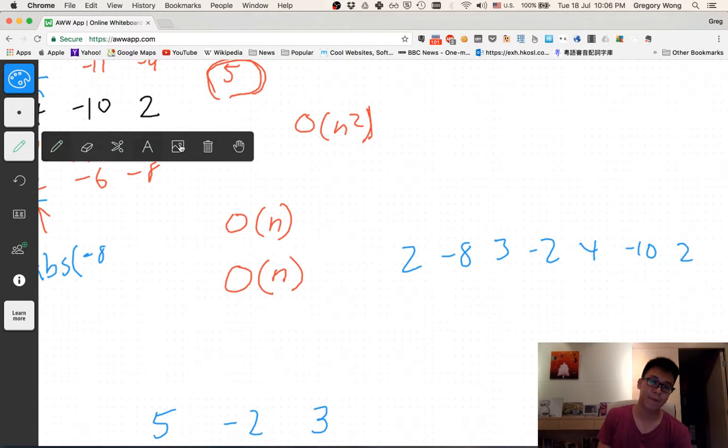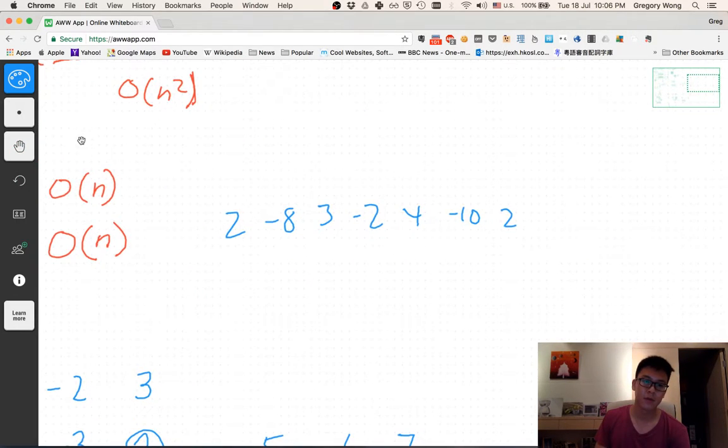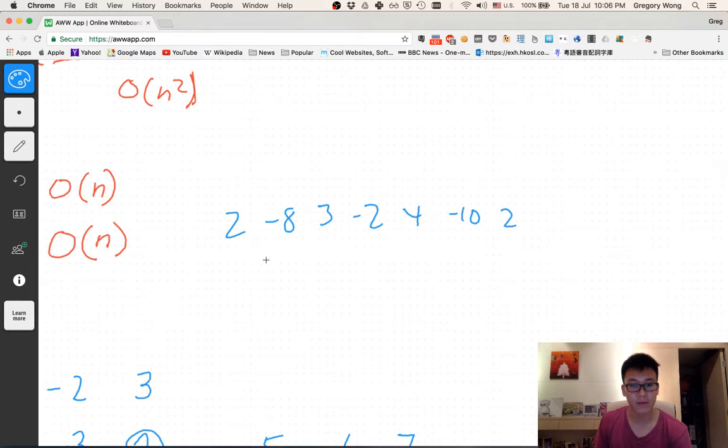Okay, so I would look at the first 2 elements, and since their sum is -6, I know that it's not worth keeping. So I'm just gonna look here. Actually, I'm gonna skip to the next positive number. And 3 and -2, that is 1. That's a positive number, so I know it's worth keeping. And so, okay.